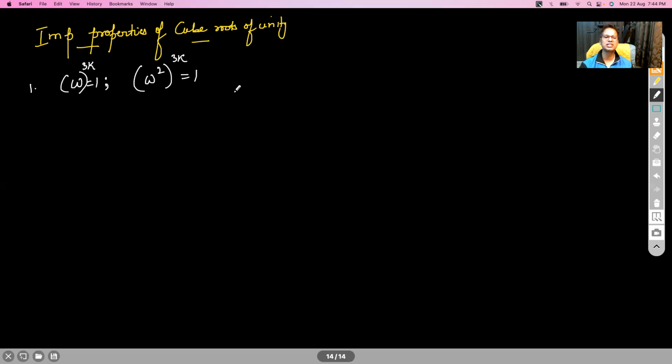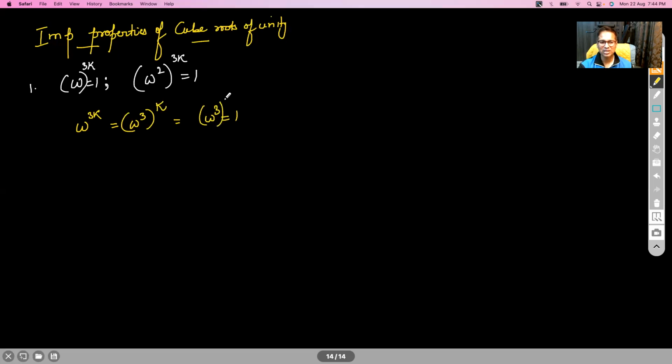Because it is very obvious, it is as good as saying omega cube to the power of k. And omega cube is what? Since omega is a cube root of unity, omega cube is 1. Correct? So this is 1.